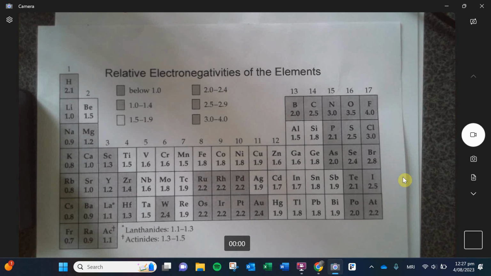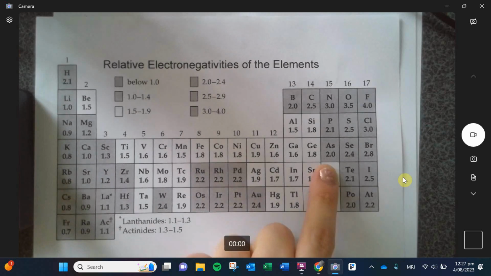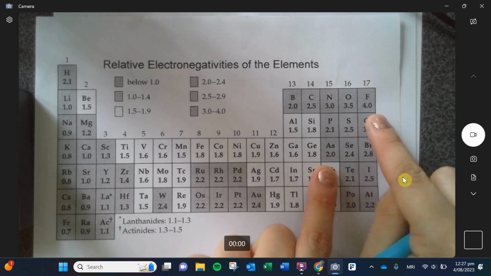Now, remember, again, they are not giving you this table. I don't want you to memorize it because 9 times out of 10, you're probably dealing with a polar bond. So that's As, it's 2, and fluorine is 4. So that's a difference of 2. So that's going to result in a polar bond.